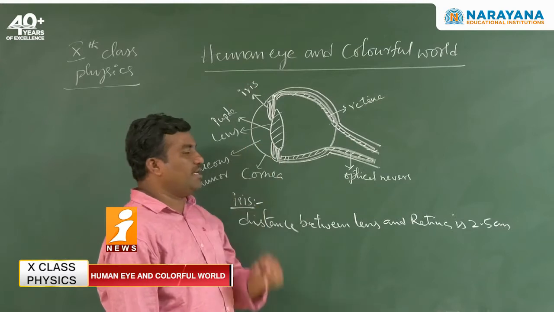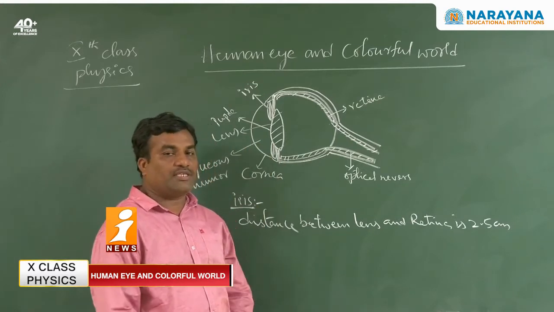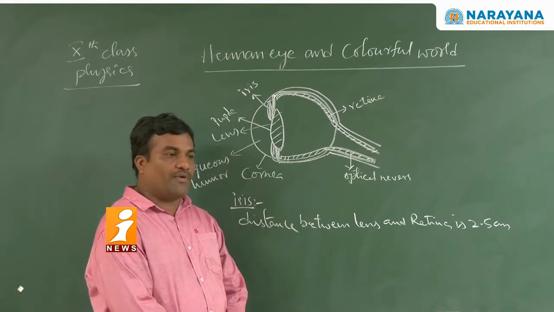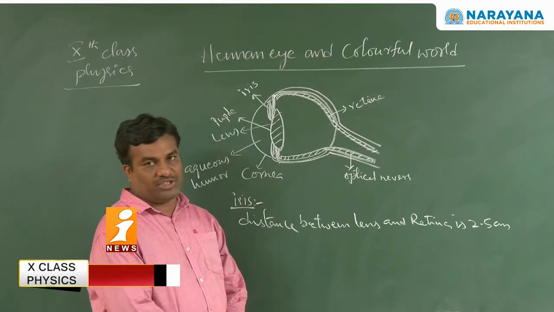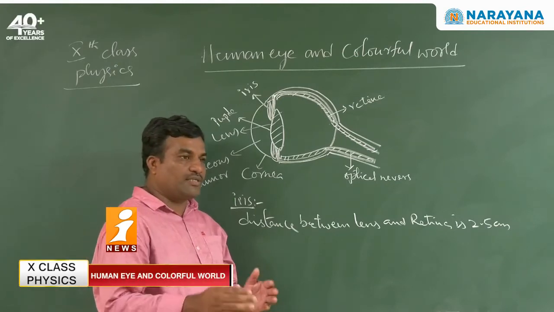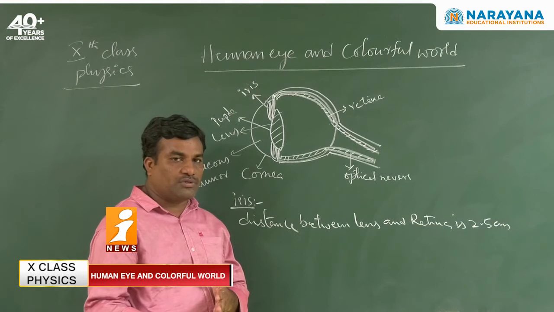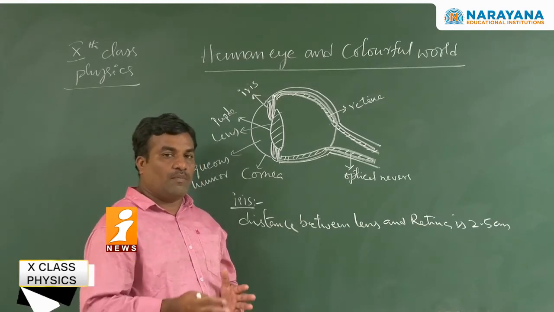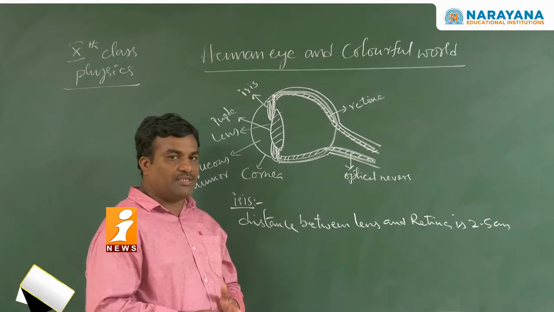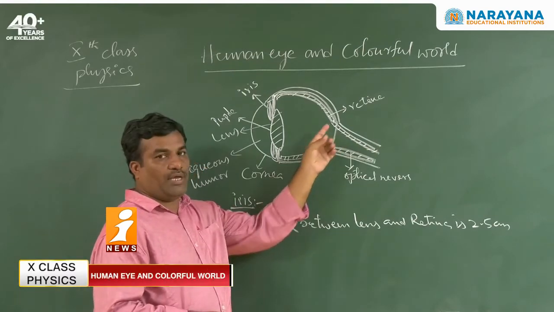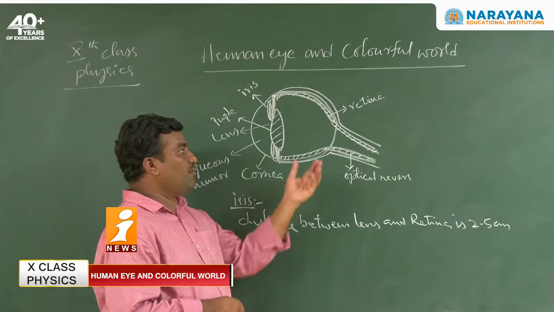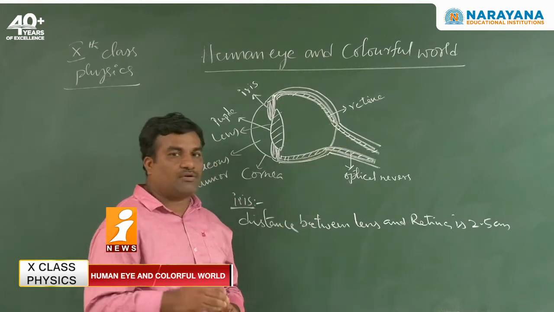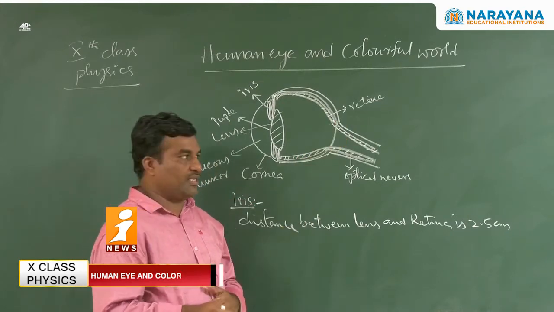Suppose we observe various positions of the object, but we always get the same image distance. Whether we see a long-distance object, a closer object, or an object in between, the image is always formed on the retina only. How is it possible? How can we get images at a constant image distance?